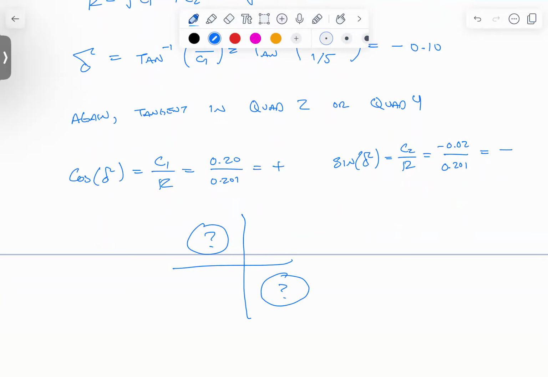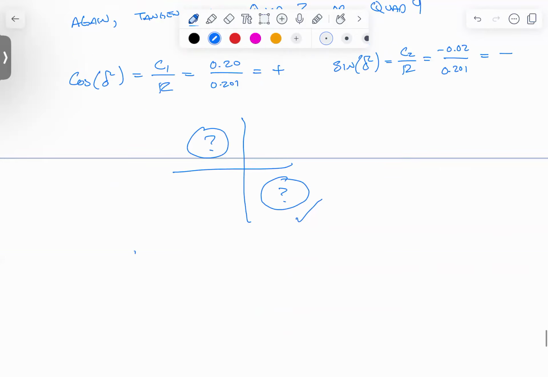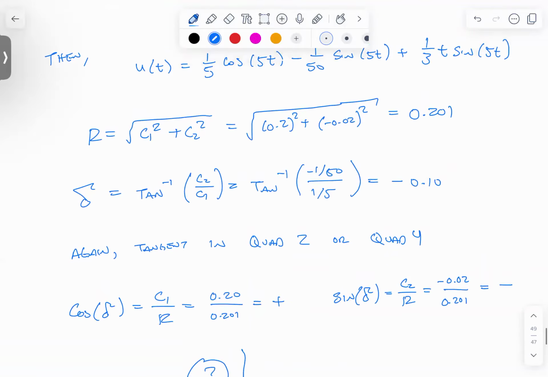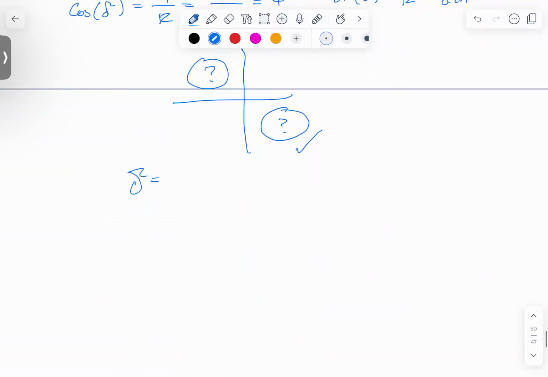Okay, so cosine is positive, sine is negative. What quadrant are we in? We're in quadrant 4. Which means, do I need to add pi? No. So delta is just negative 0.1.